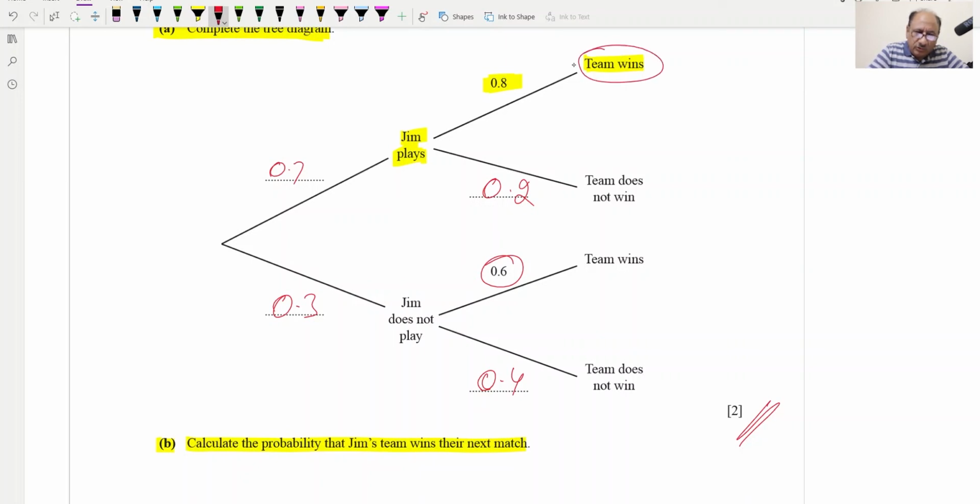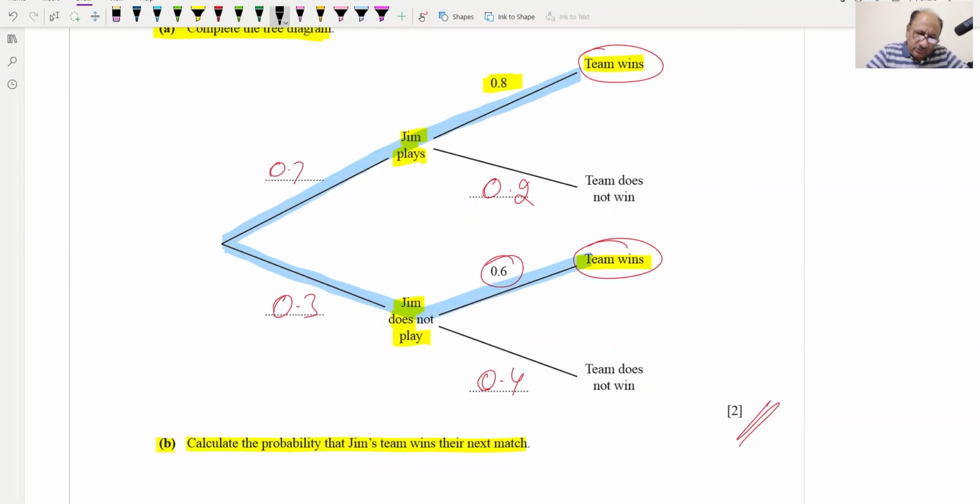0.7 into 0.8, and next win will be this one also, which is team wins if Jim does not play and it is winning the second game. So we will be taking two routes. One route will be this route, and the second route will be this multiplied by this, and these two routes will be giving us the answer.